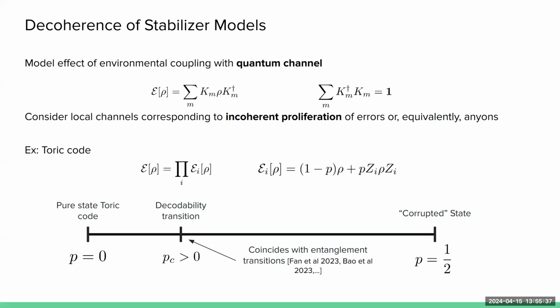There are a few ways to characterize this, but most recently people study it using mixed state entanglement measures of the mixed state. It's been shown that there's a transition in these entanglement quantities at this non-zero value of p. So the expectation is that below this critical decoherence strength, we should have just the toric code topological order.